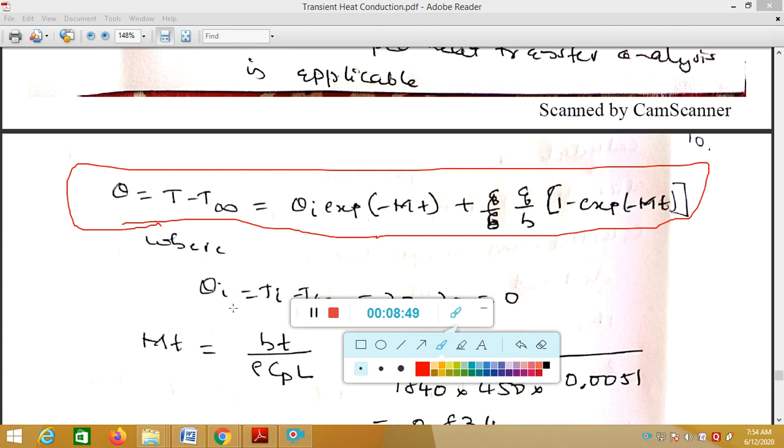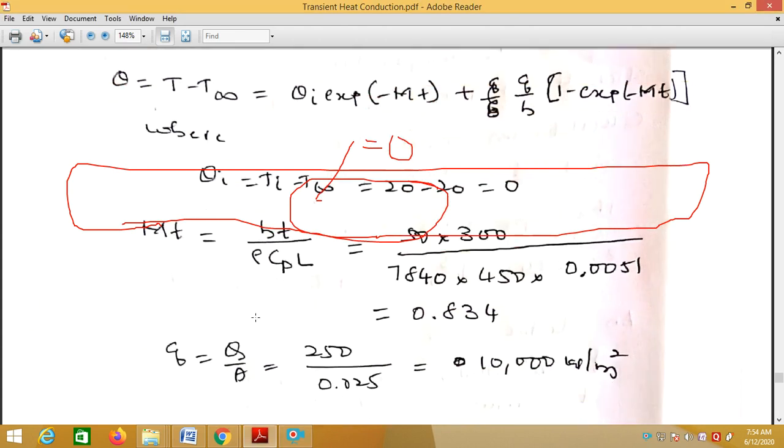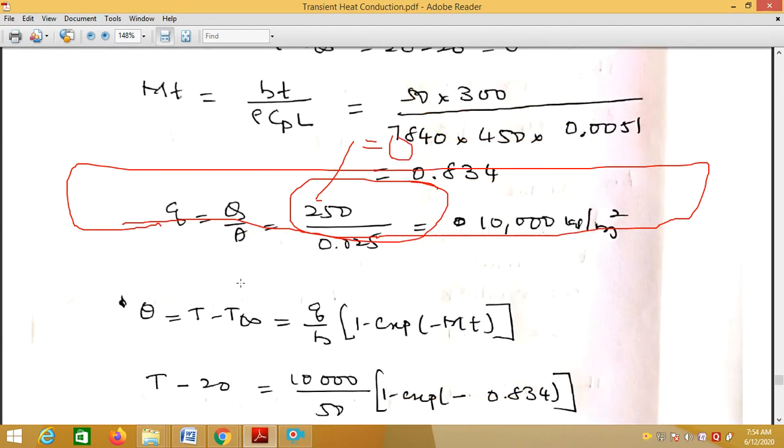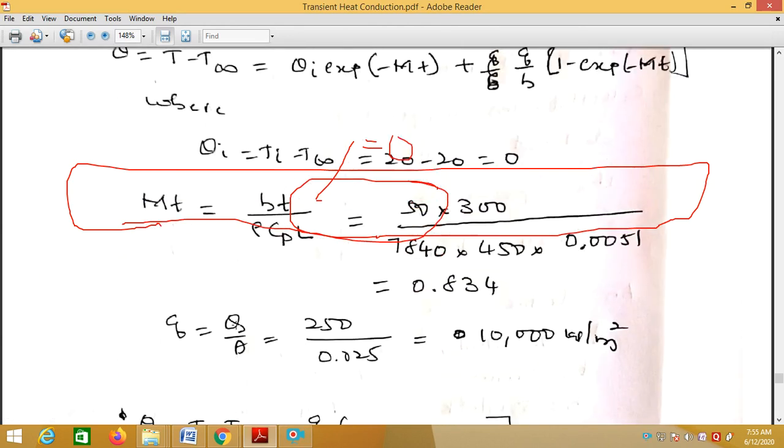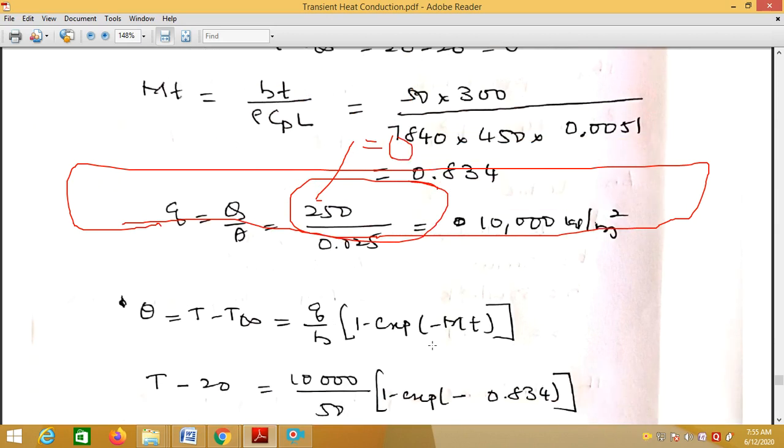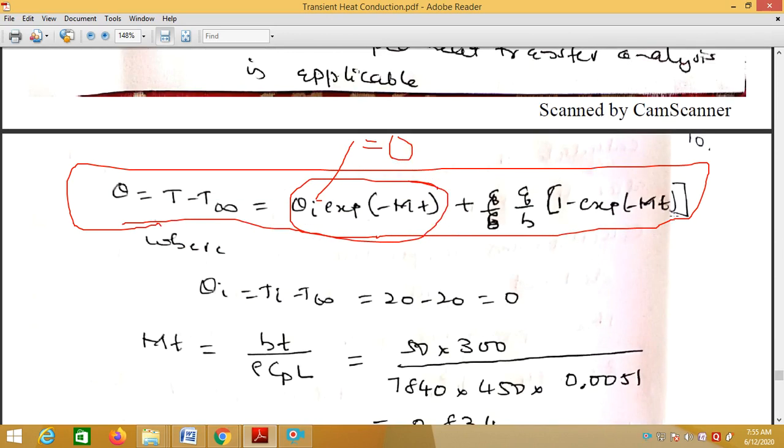Theta i becomes Ti minus T infinity, which is 0. So this whole term becomes 0. Then theta equals T minus T infinity equals Q by h into 1 minus exponential of minus mt.